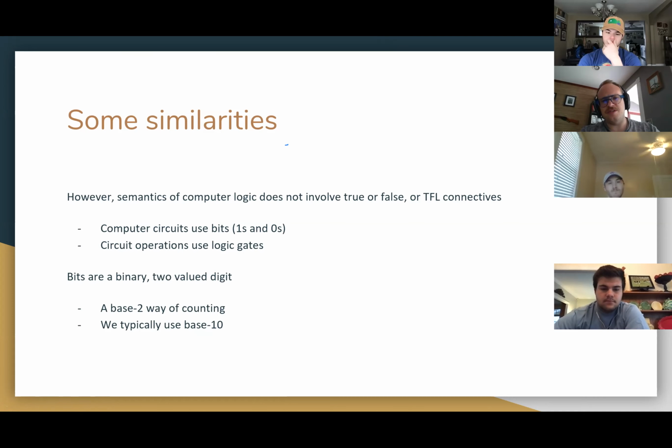And operations use logic gates. Those are the physical things on the computer board or inside a CPU that perform operations given certain inputs.